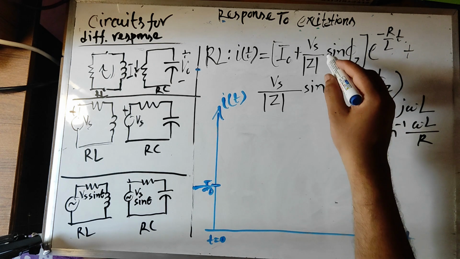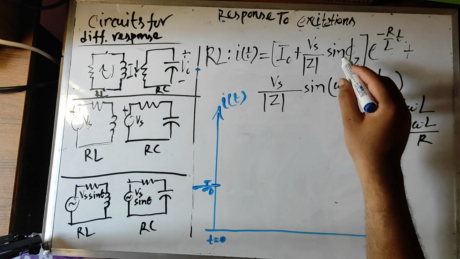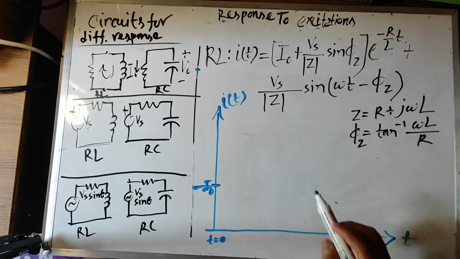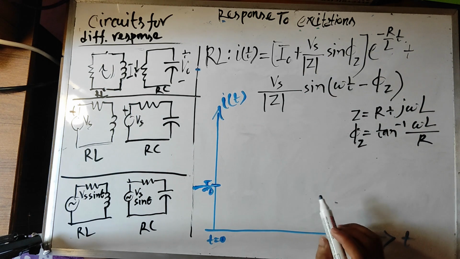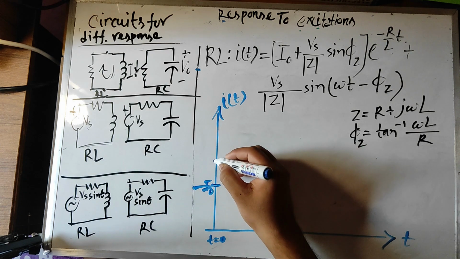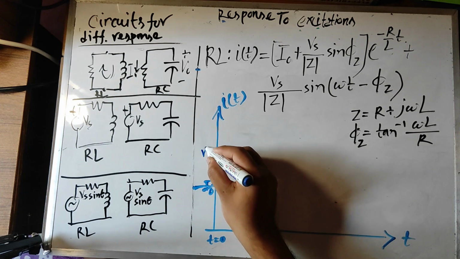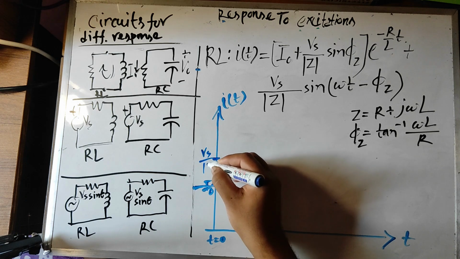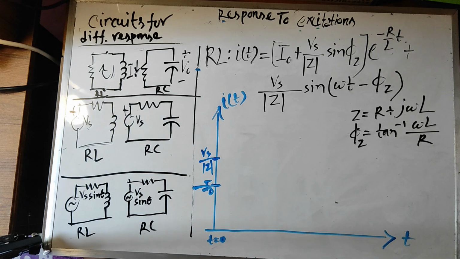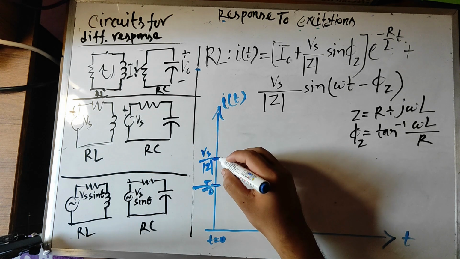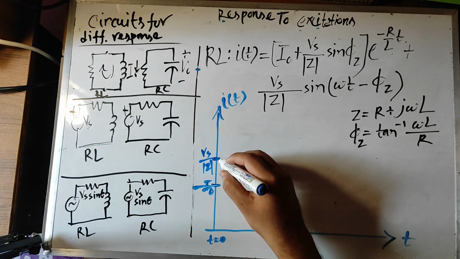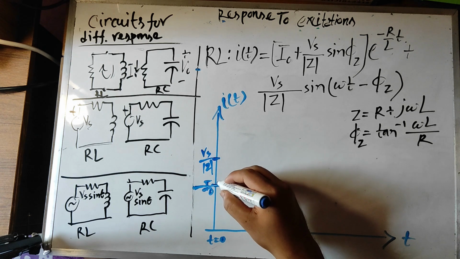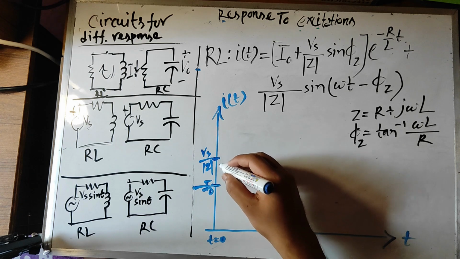There's an extra sinusoidal component with the impressed current. So I0 plus, say this is Is, Vs by Z, the impedance.